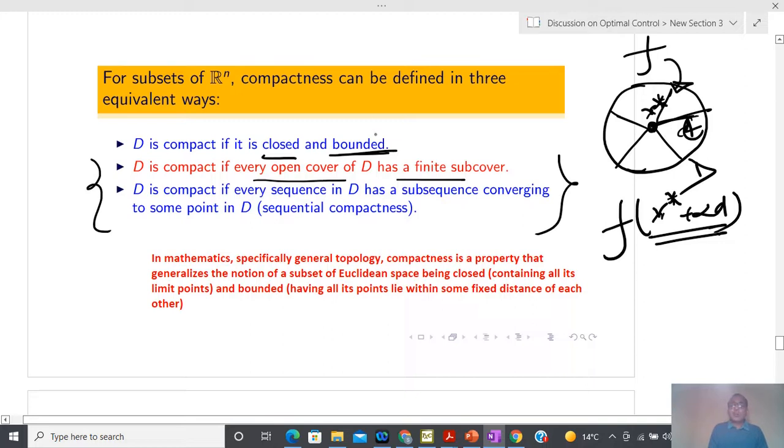Containing limiting points is called closed, and all points being at some fixed distance from this point is called bounded. If both are satisfied, then it is called compact. Does anyone have confusion on this intuition?